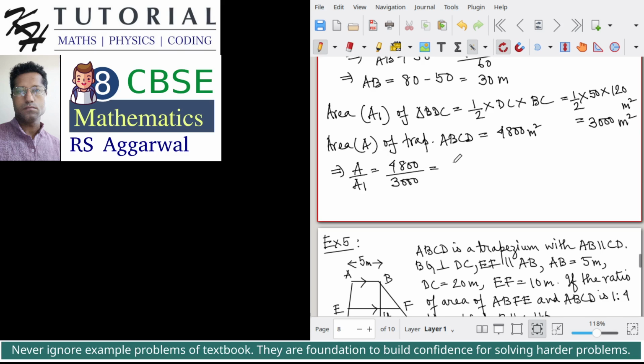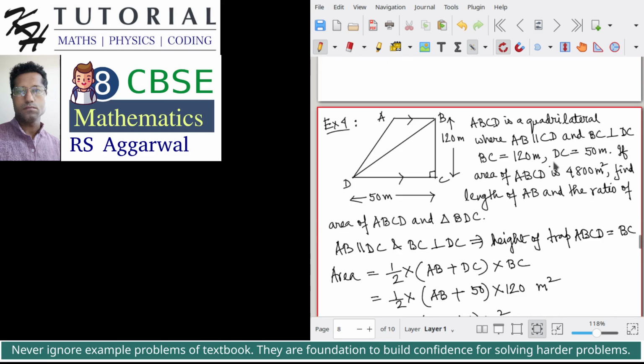This is equal to 48 by 30. This is equal to 8 by 5. So this implies A is to A1 is equal to 8 is to 5.